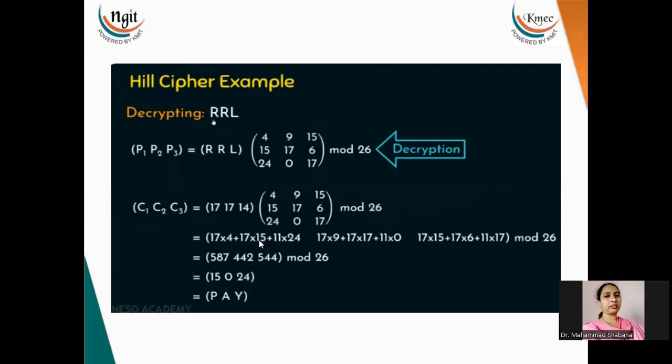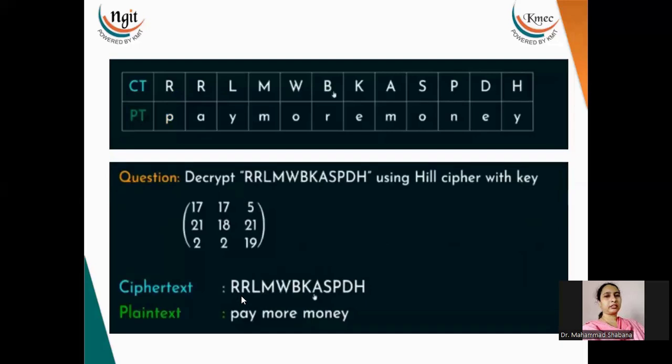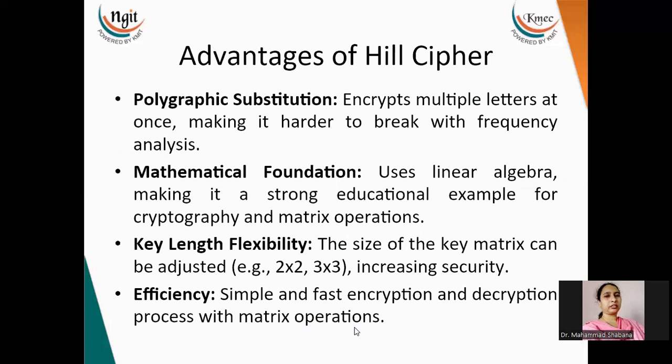After doing the multiplication, we are getting the plain text for RRL, which is PAY. In the same manner, we will find out the remaining terms MWB, KSS, PDH. After converting everything, we are getting the values: pay more money. So this is the conversion of plain text to ciphertext and ciphertext to plain text.